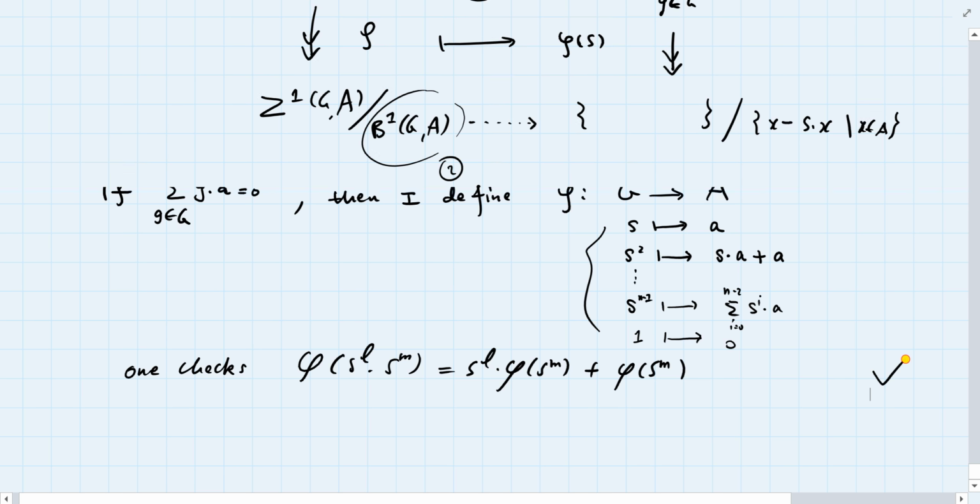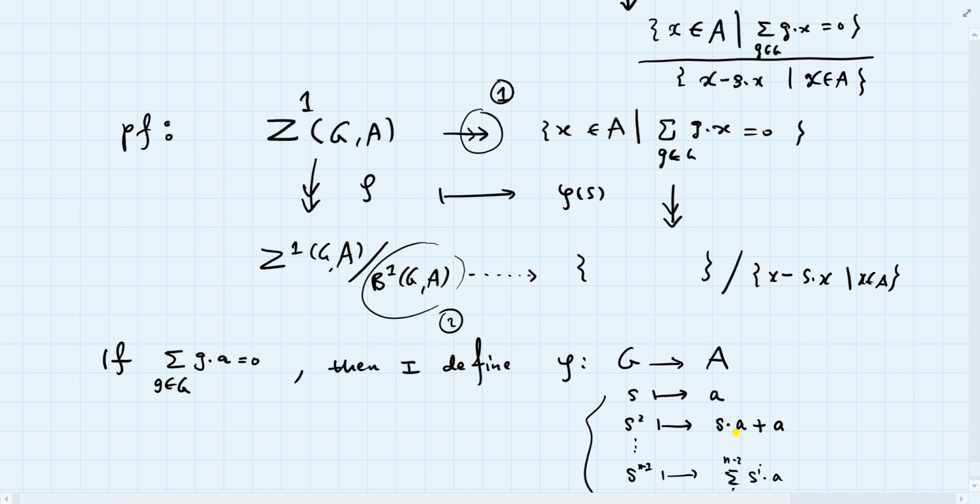Okay, now we see what is the kernel. The kernel of this homomorphism.